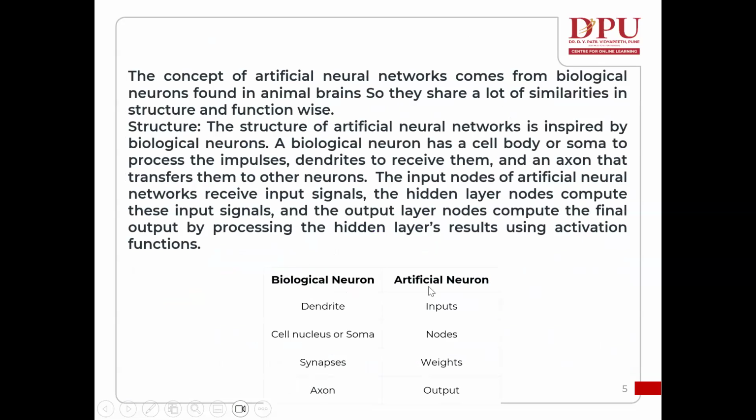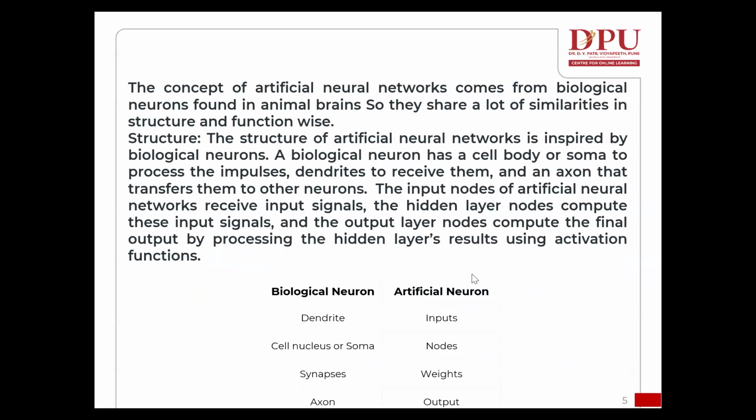Likewise, artificial neuron supports inputs, nodes, weights, and outcomes or outputs. So if you observe this image, I won't say this may be the final representation of any of our human cells called neurons, but somewhere it is tried to be predicted like it can be represented like this.